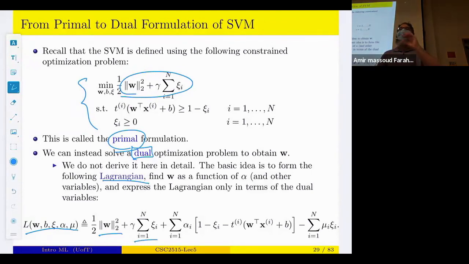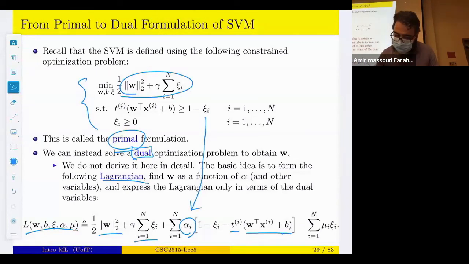But also we have each of the constraints coming in this form. So we have summation over all constraints of 1 minus zeta i, minus t_i W transpose x_i plus b, multiplied by alpha i. So this is the Lagrange parameter, or that would be the dual variable that we have.